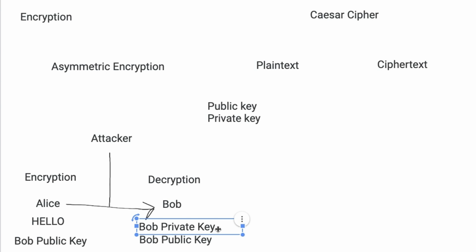It would be Bob's lock specifically, so everybody could use it to send encrypted messages to Bob. But only Bob has the key to that type of lock. Only Bob has the corresponding private key to Bob's public key. So only Bob would be able to open the lock, to essentially decrypt the message and find the plaintext.